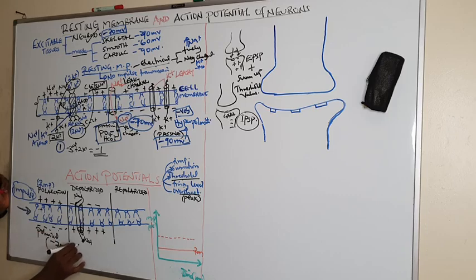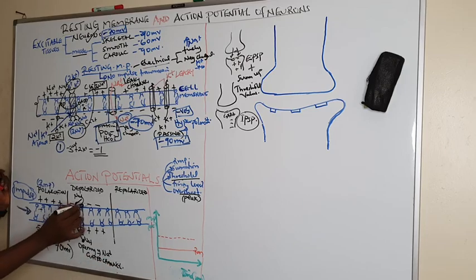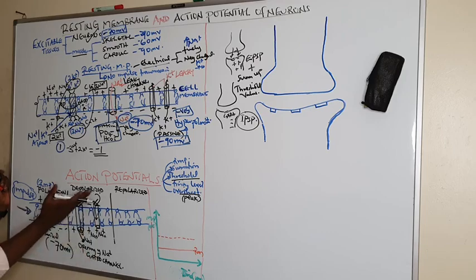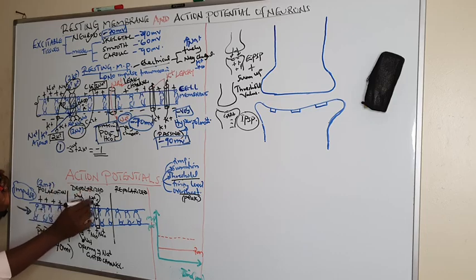So when the sodium gated channels open, allowing more entry of sodium ions, we are seeing sodium ions entering the cell from outside to inside.